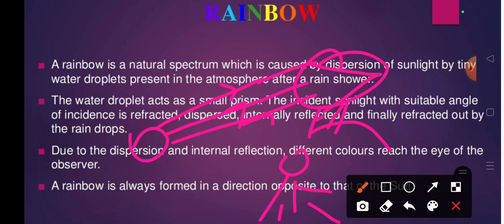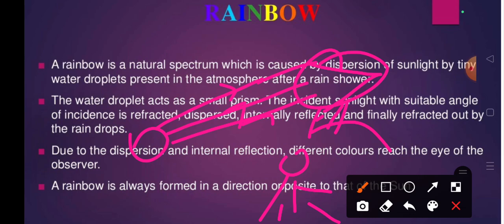Three important processes occur in rainbow formation. First one, refraction, whenever the light travels into a raindrop. Second one, total internal reflection. Total internal reflection condition: whenever the light passes from a denser medium to a rarer medium, this is the first condition.